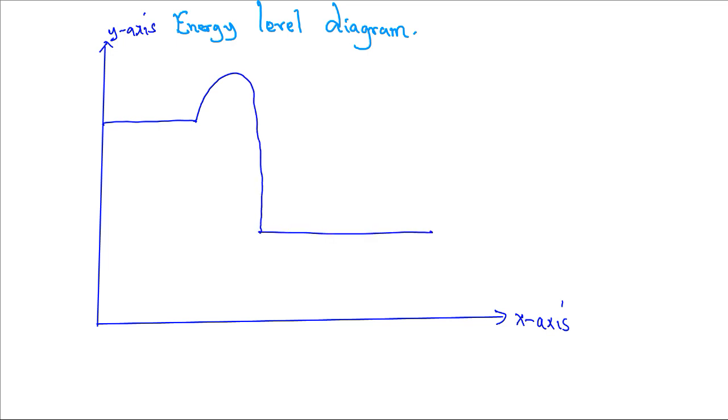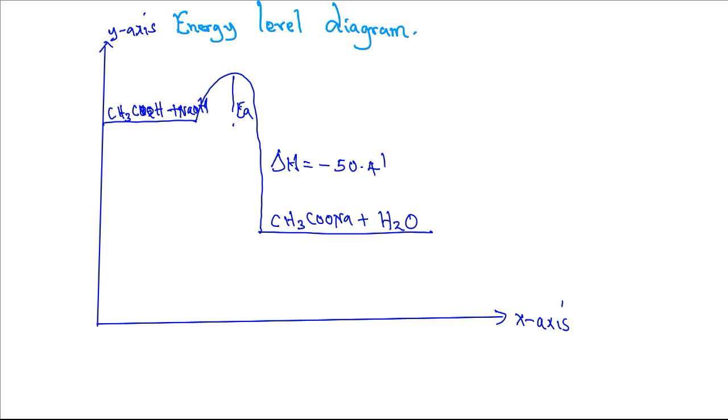Then we have the products, sodium ethanoate plus water, formed from a reaction between ethanoic acid plus sodium hydroxide. Delta H is equal to negative 50.4 kilojoule per mole.